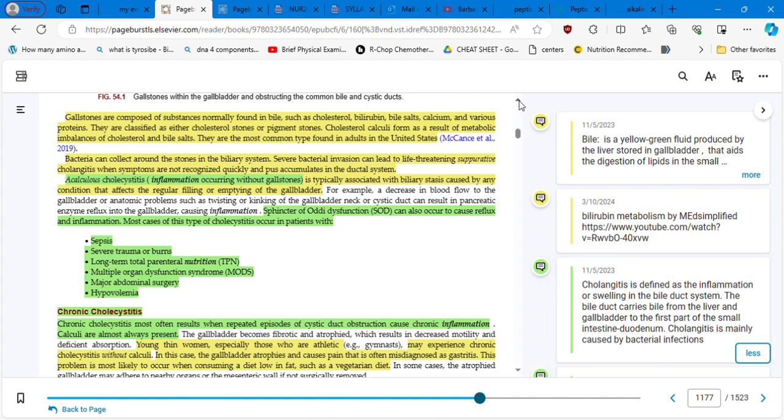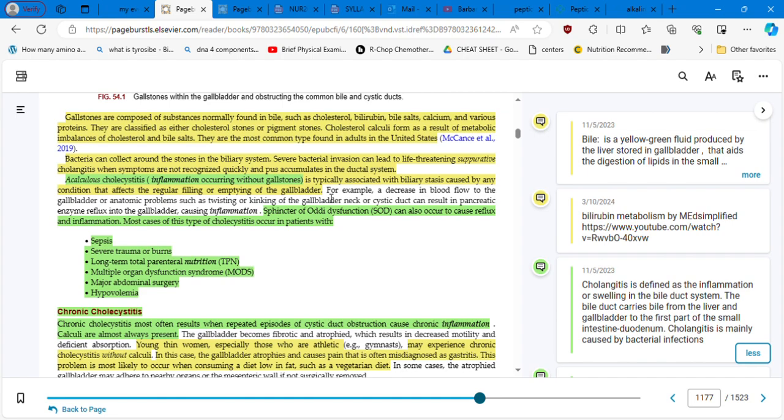Good. So now we have acalculous cholecystitis, which is inflammation occurring without gallstones. It's typically associated with biliary stasis caused by any condition that affects the regular filling or emptying of the gallbladder.